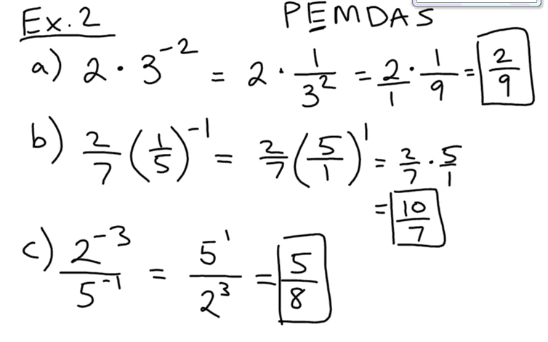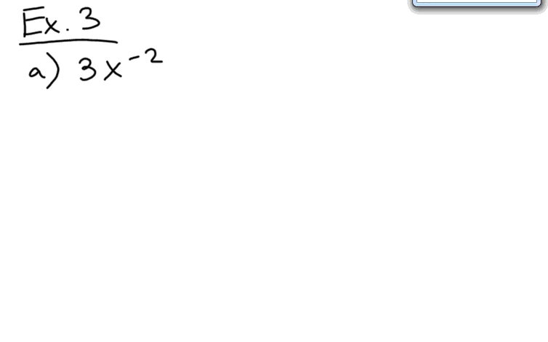All right, we're going to have one more example with 3 parts, and then we're done with this lesson. Okay, so for our last example, we're going to throw in some variables here and see how that works. So just like before with example 2, I've got 3 times x to the negative 2 power. So what happens is you want to take care of the exponent before you take care of multiplication.